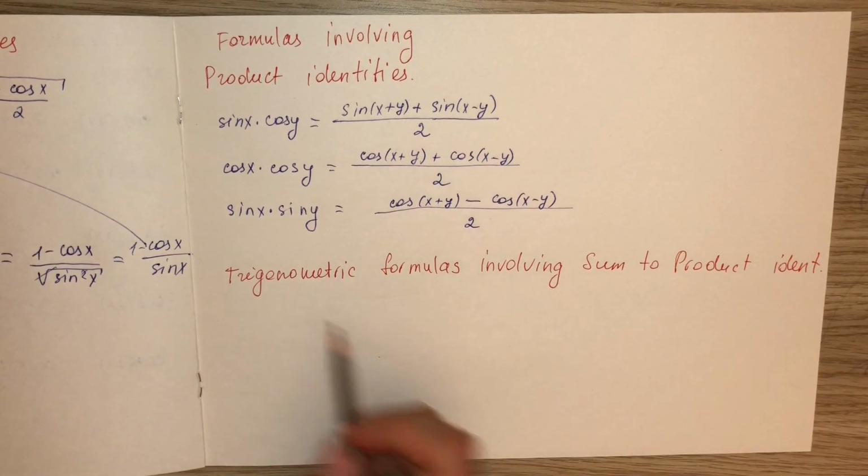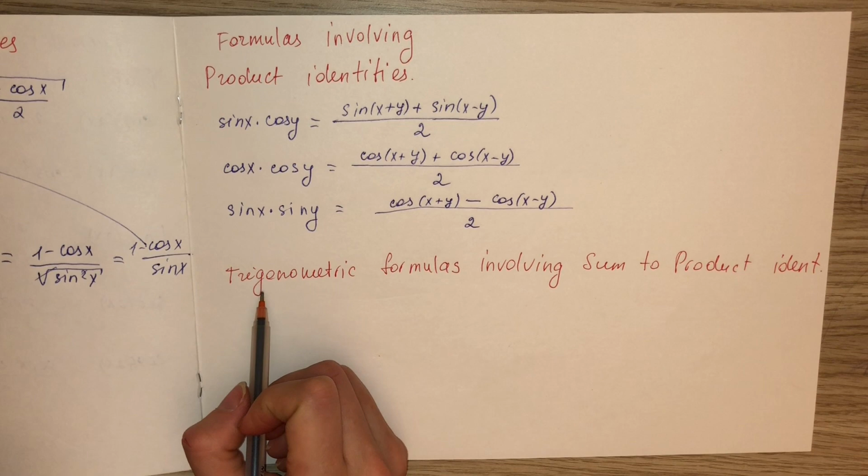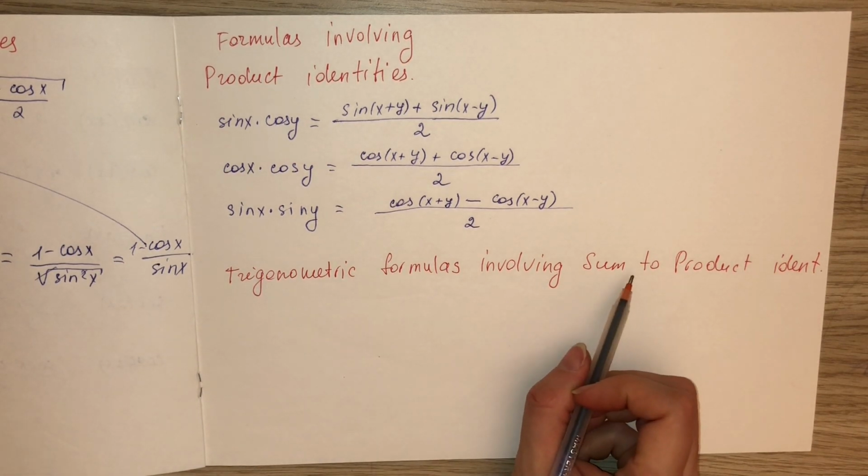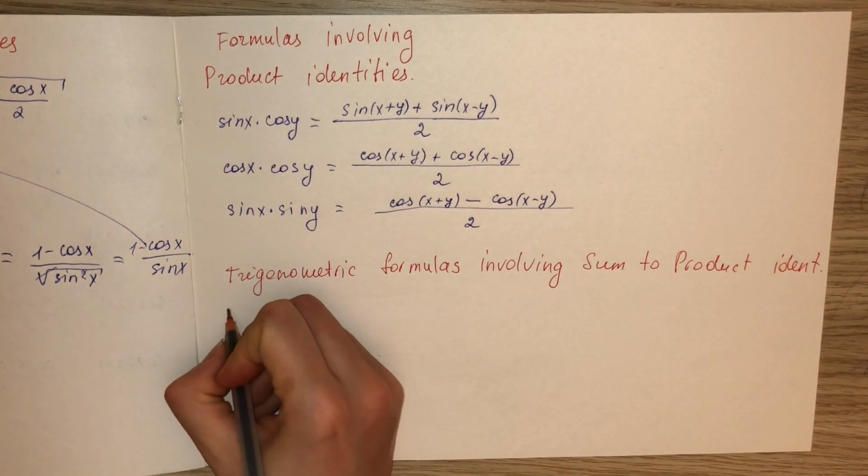And finally, the formulas involving sum to product identities. What does it mean?